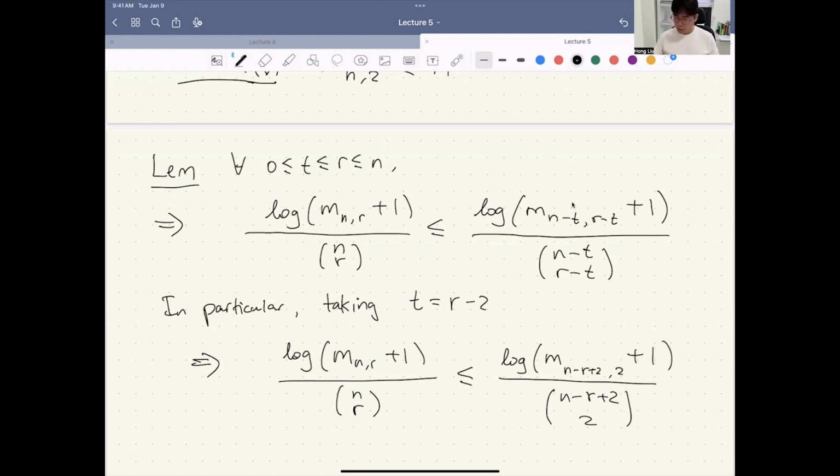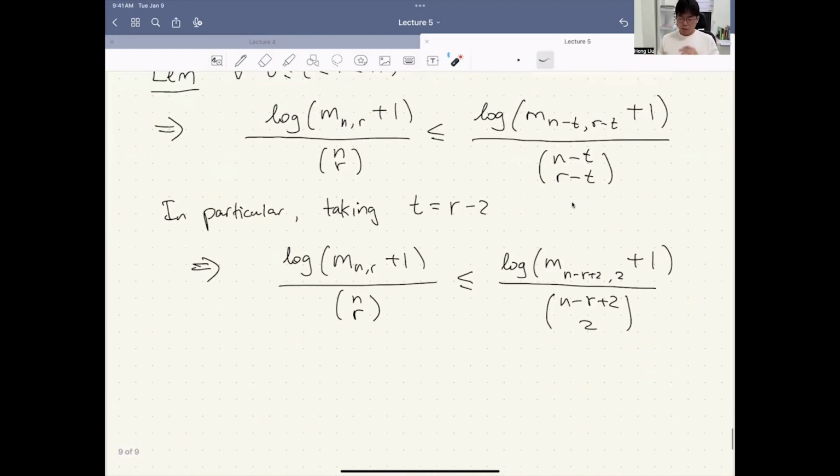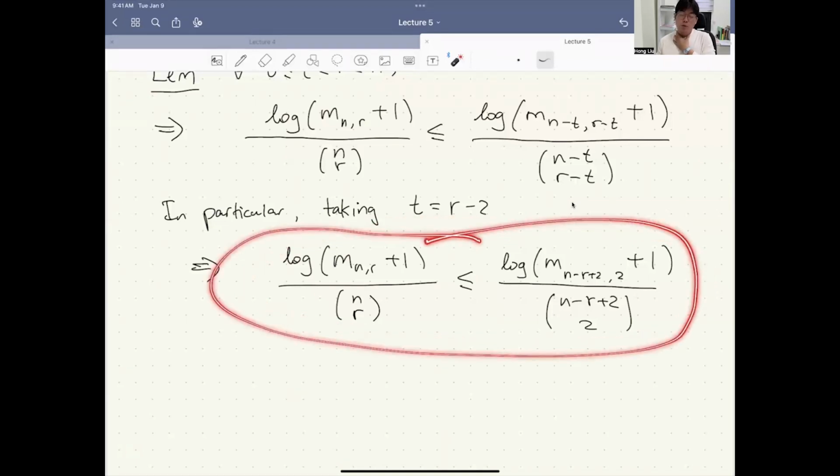You see, we get back to rank 2, although on a slightly different size ground set. So this is a special case. This special case implies our upper bound on log Mn.